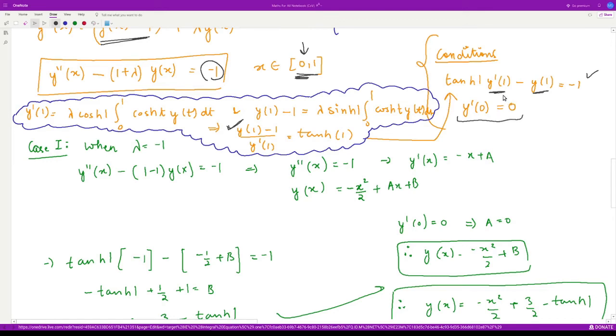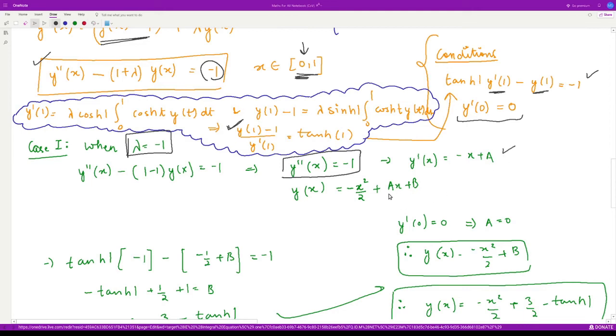So let us try to solve this equation for both the cases when lambda is equal to minus 1 and when lambda is equal to 3. When lambda is equal to minus 1, what does our equation become? It becomes y double dash x is equal to minus 1. So what we need to do, we can integrate it twice. So firstly, we'll get this, and secondly, we'll get this.